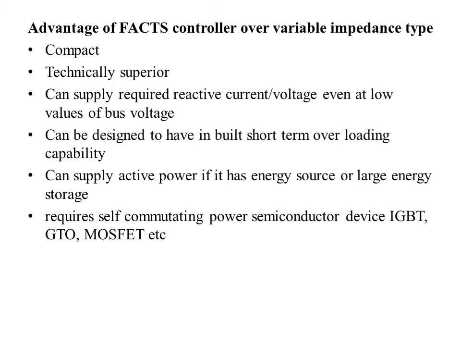It requires self-commutating power semiconductor devices like IGBT, GTOs or MOSFET. Self-commutating is nothing but it can turn off automatically. We can have control over its switching, that is turn on and turn off capability.